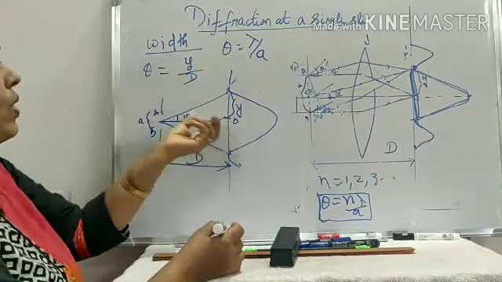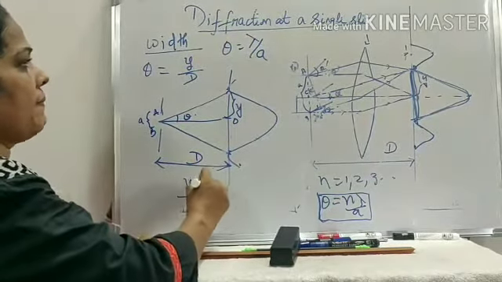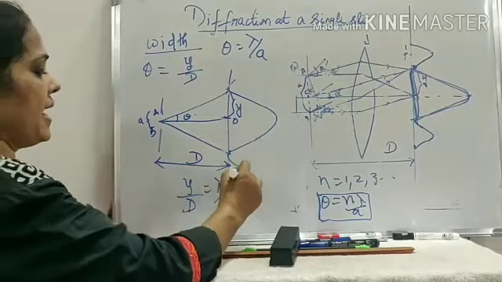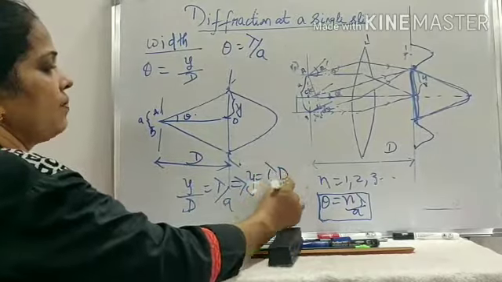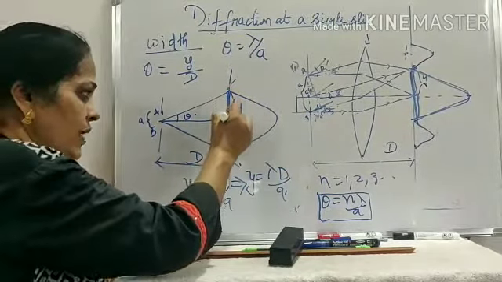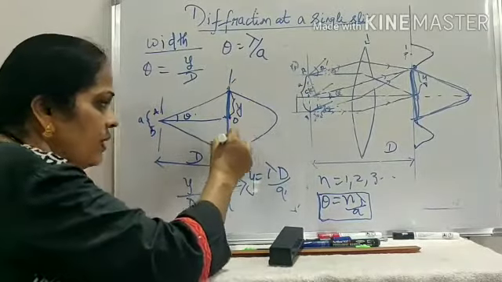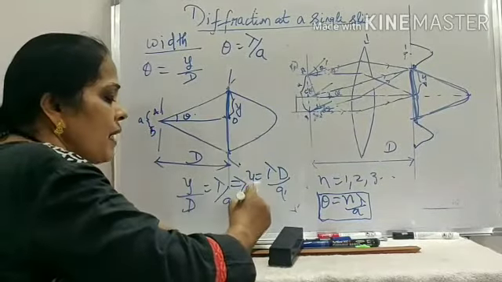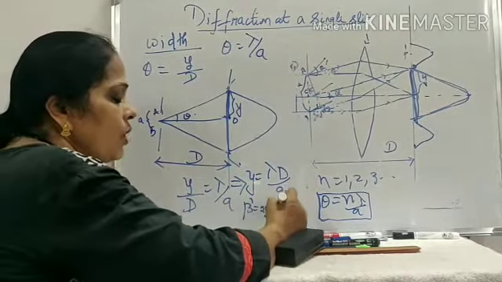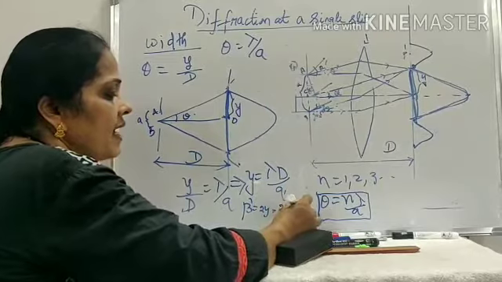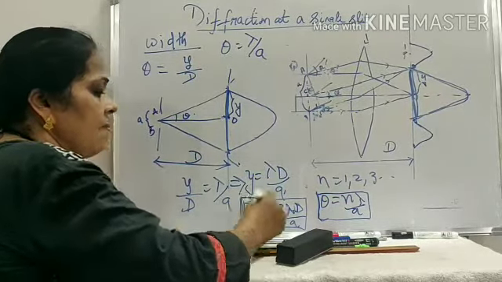So theta will be y by D. When you equate these two equations, you get y by D is equal to lambda by A, which implies y equal to lambda D by A. This is the linear width of the central maxima. Now what was the entire linear width? It is 2y. So you mark it as beta dash is equal to 2y is equal to 2 lambda D by A. This is the width of the central maxima.